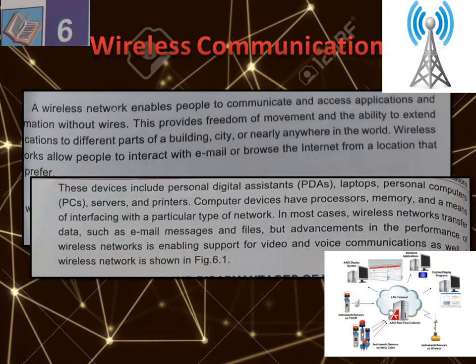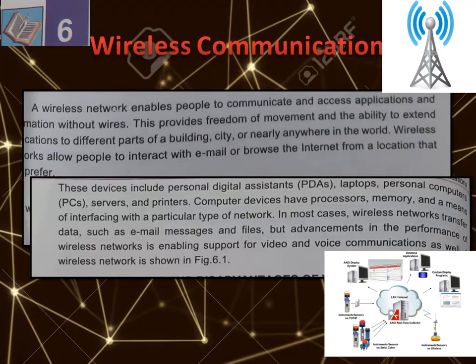Many types of wireless communication systems exist, but we can differentiate them on the basis of the attribute of the wireless network, that communication takes place between computer devices. So we can differentiate these devices on the basis of their attributes, their features, and the distance.